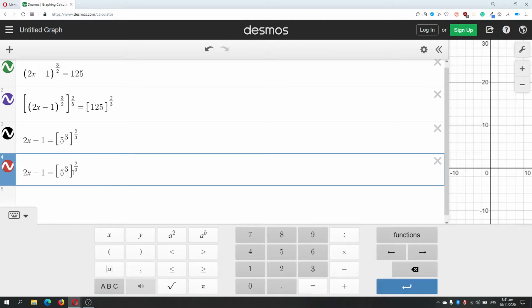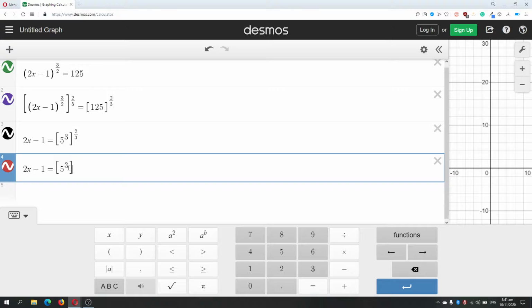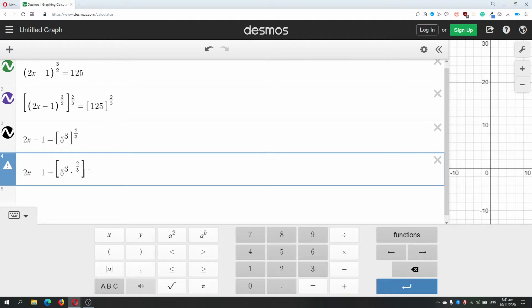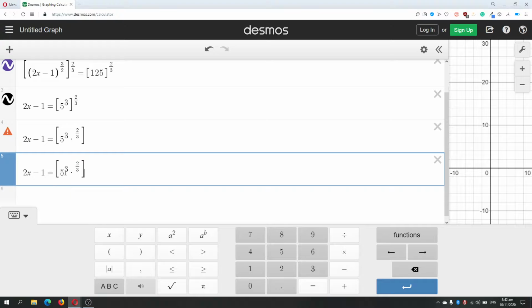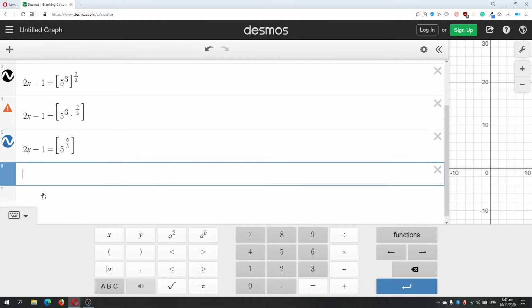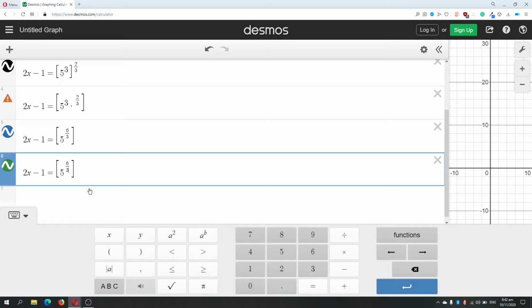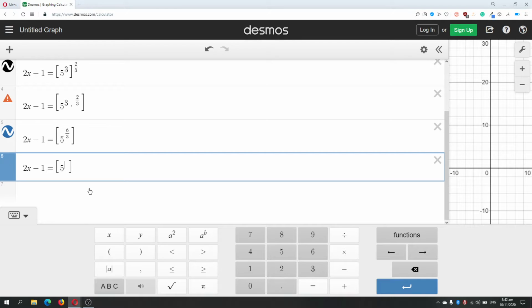So if isi-simplify natin yan, i-multiply natin sa 3. Ganyan siya niyan. Simplify natin yan, magiging siyang 6. And then simplify further, magiging siyang 2. 6 divided by 3 is equal to 2.